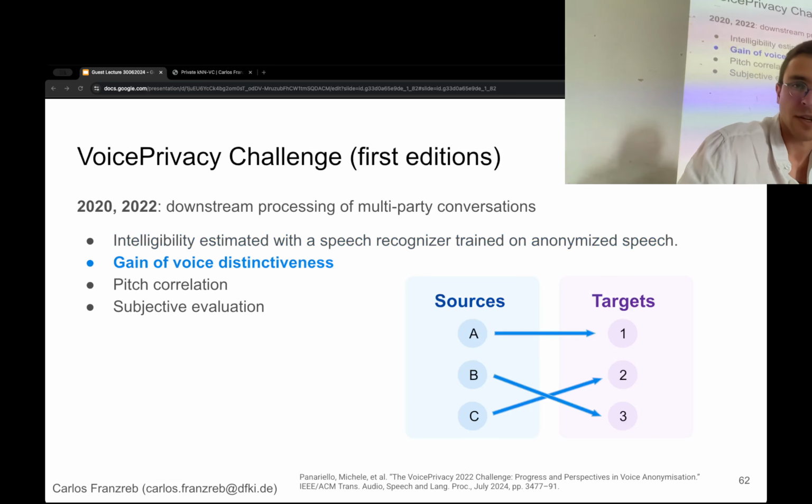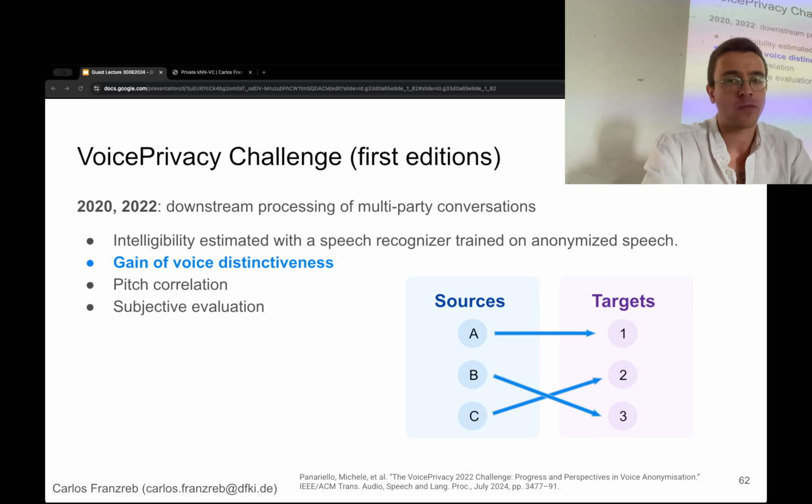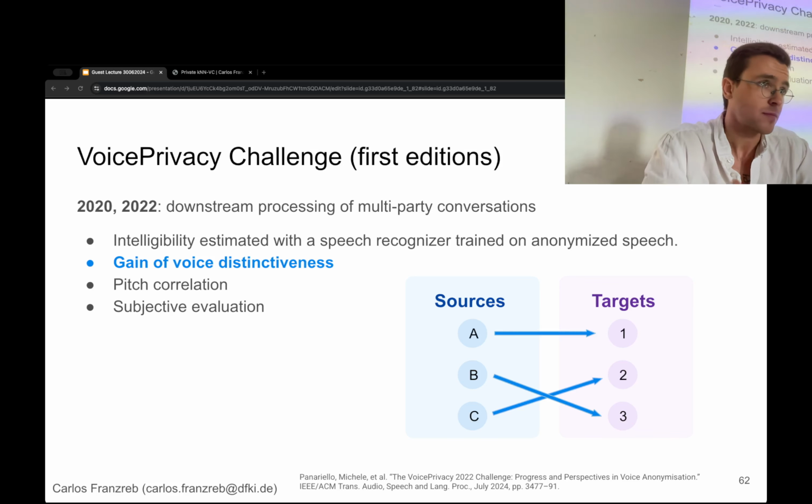Yeah, and voice distinctiveness, we've already said what it means, basically that you can still perform a multi-party conversation. And this leads to a weaker privacy evaluation, which we will also see later, basically because anonymizing always one speaker with another allows you, for example, to exploit weak links, right?